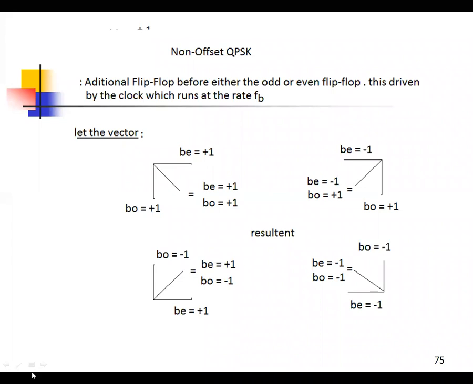B_e plus 1 is the positive x-axis, B_e minus 1 the negative x-axis. B_o plus 1 is the positive y-axis, B_o minus 1 the negative y-axis. Likewise the resultants take place: B_e, B_o positive, positive is one quadrant, B_e minus 1, B_o plus 1 is another quadrant, minus 1 plus 1.